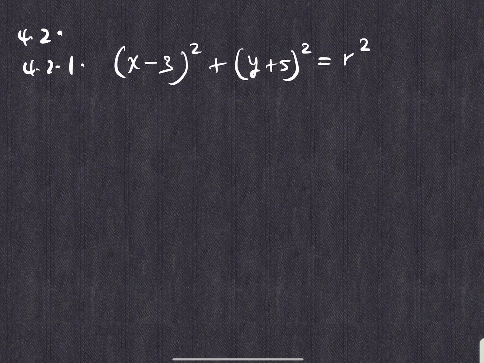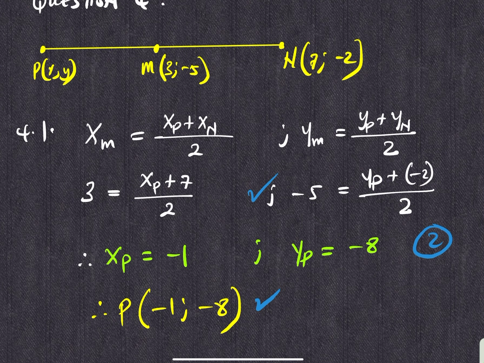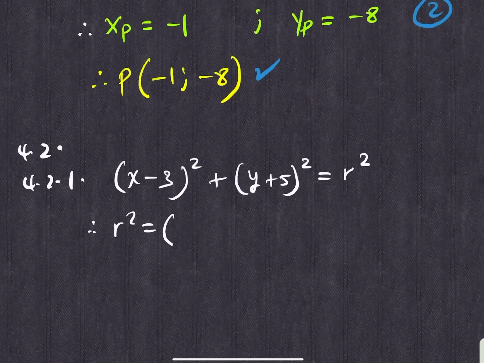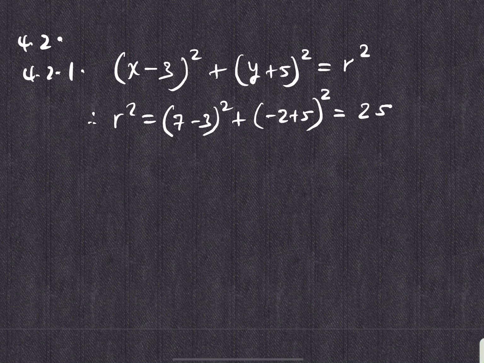So r squared equals, you put the x at N, that is 7, and y is -2. We get (7 minus 3) squared plus (-2 plus 5) squared, and this should suffice to 25.